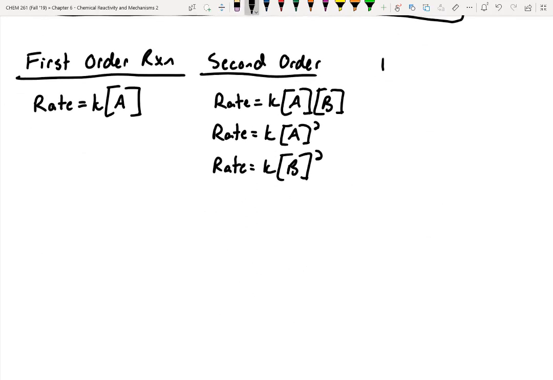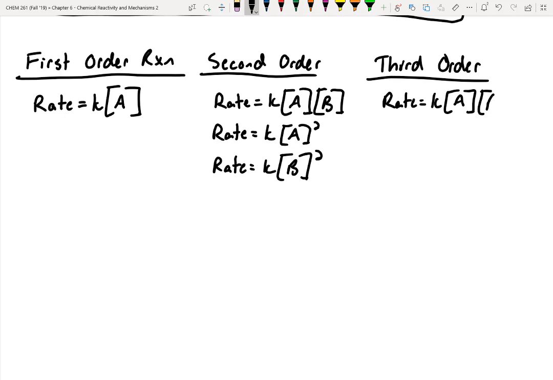And then a third order reaction. This is a reaction where three things collide with one another. So this could maybe be A colliding with two B's, or maybe two A's colliding with one B, or there could even be a third component.